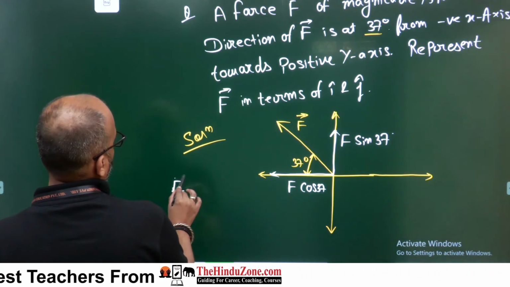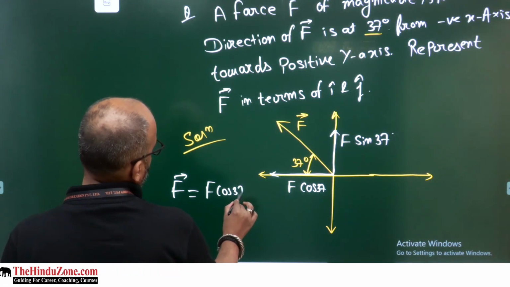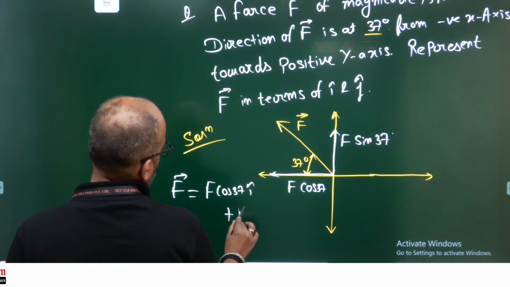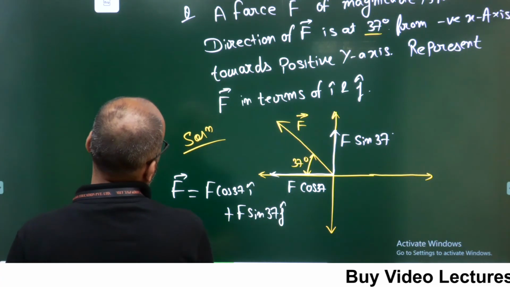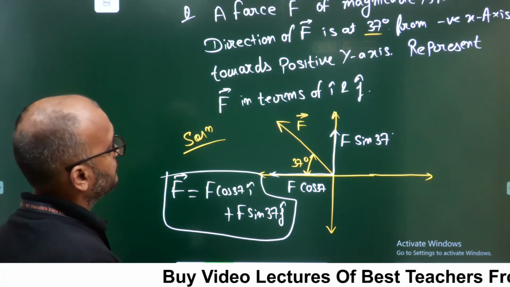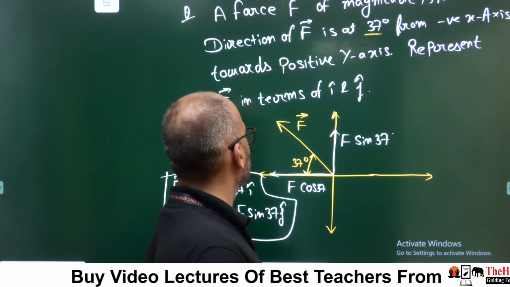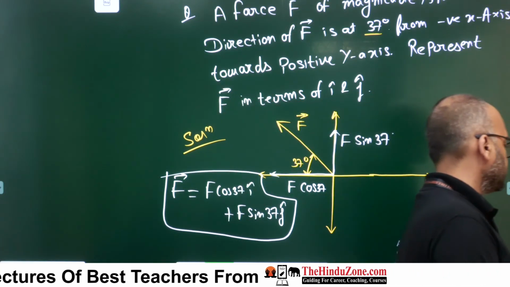So force can be represented as f cos 37 i cap plus f sin 37 j cap. That's your force.